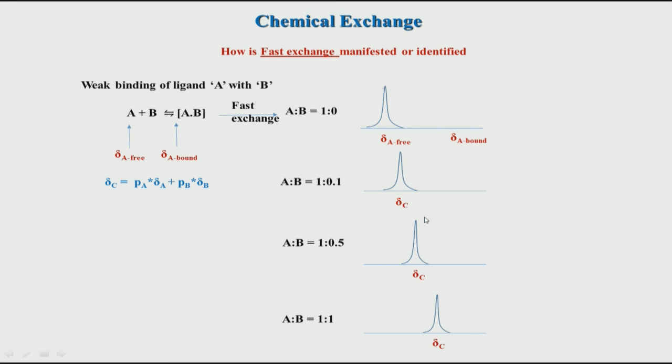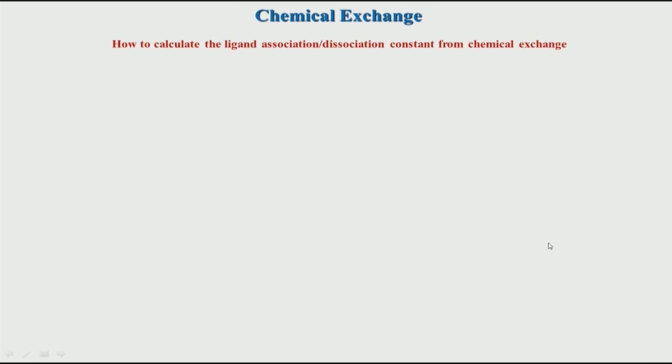So, therefore, looking at this kind of peak structure, that is the moving of the peaks as I am adding B, is a very simple and strong indicator that fast exchange is going on in my sample, and you can say that the ligand is weakly binding, and because of the weak binding nature it is having a fast exchange compared to the chemical shift difference. So, this peak shifts because the population of B increases.